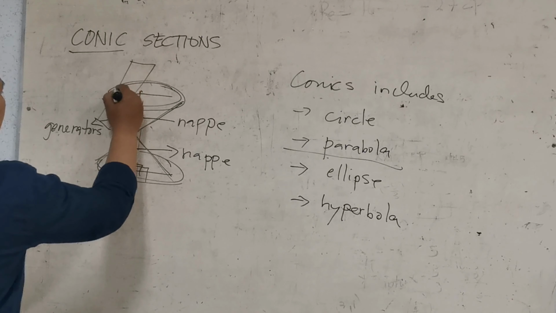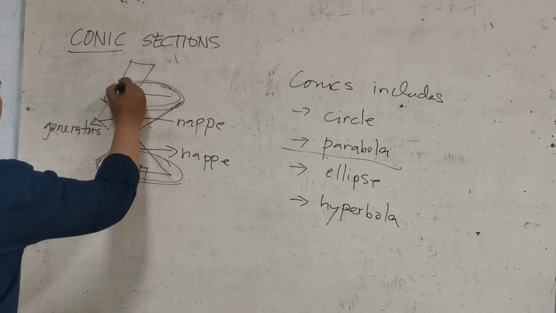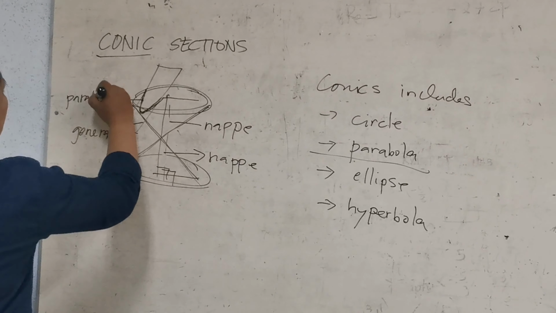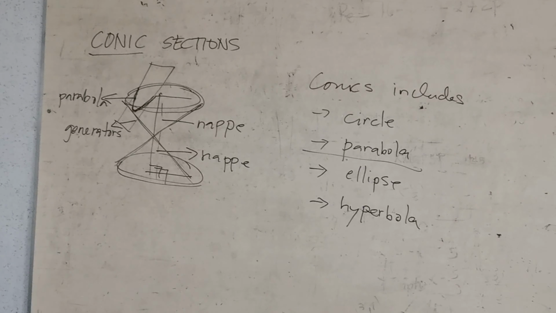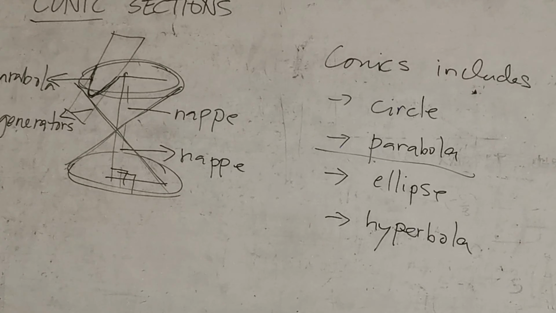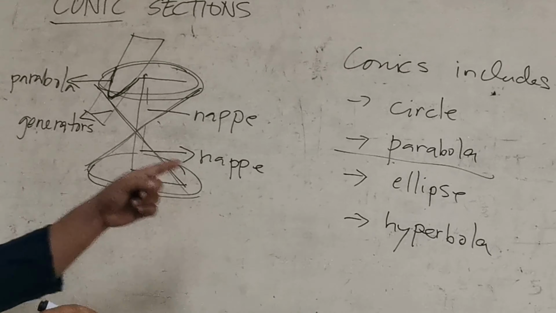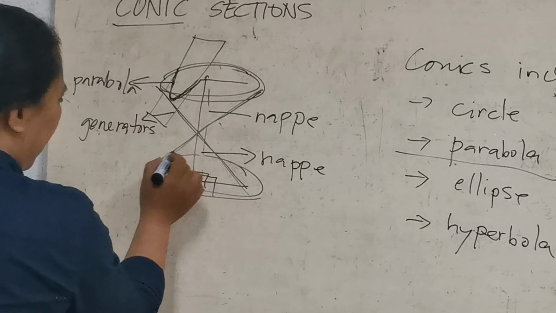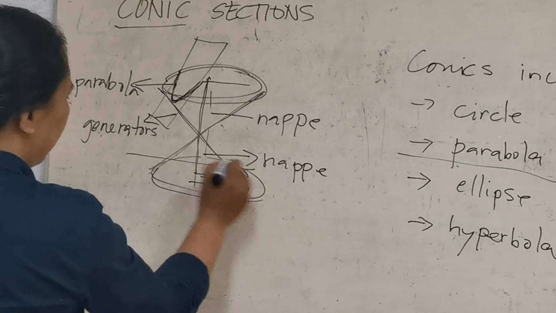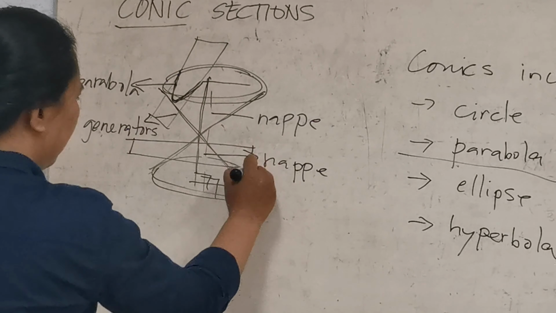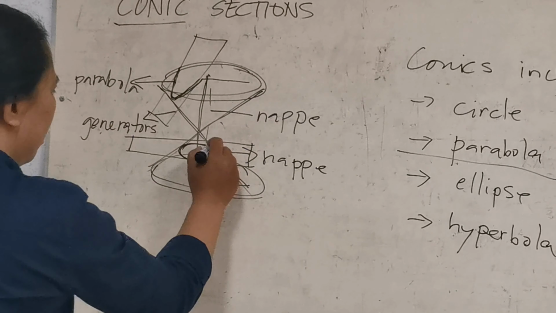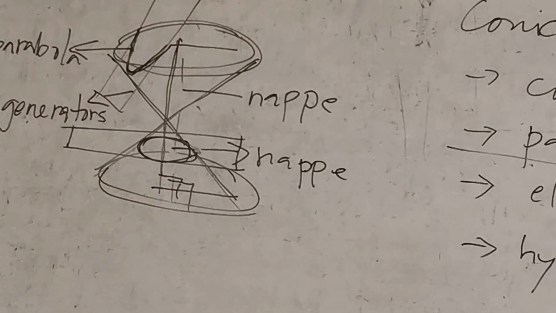This will be the parabola. And if the plane will cut the cone perpendicularly to its axis, then you can now create a circle.